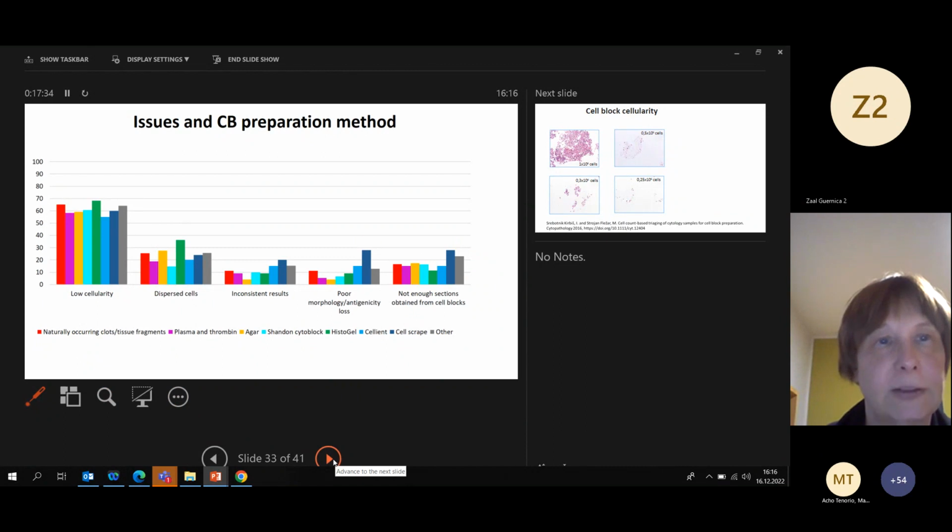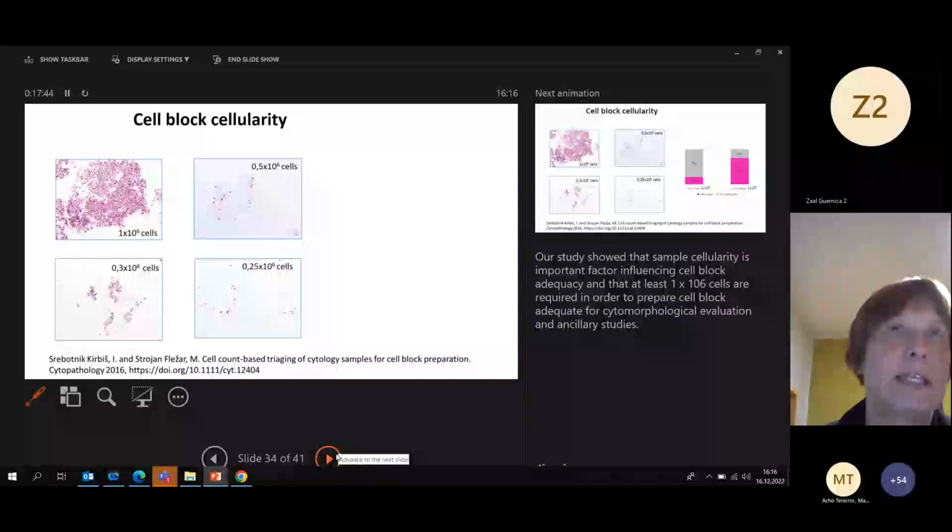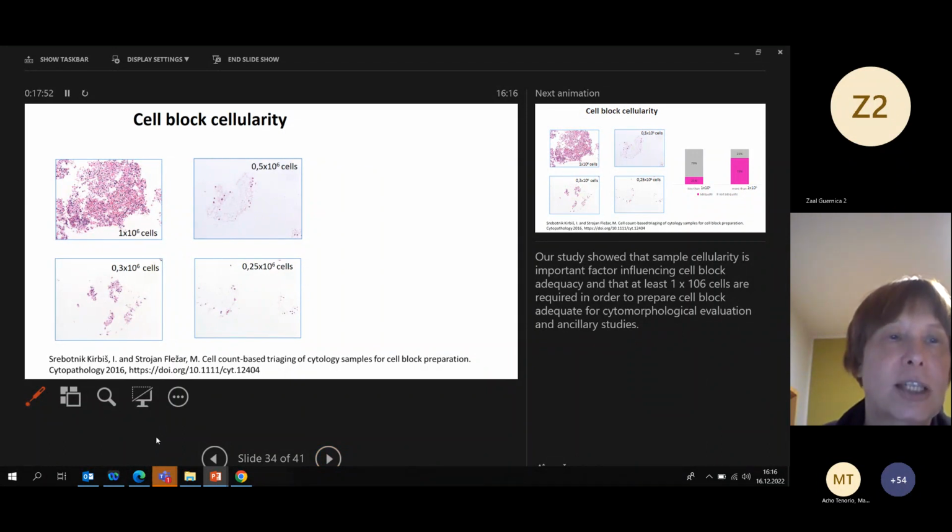I would also like to show you results from our study where we evaluated the relation between the number of embedded cells and the cell block cellularity. Here you can see H&E sections prepared from aliquots of the same sample with different cellularity.